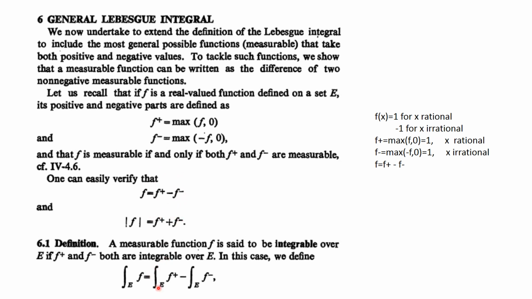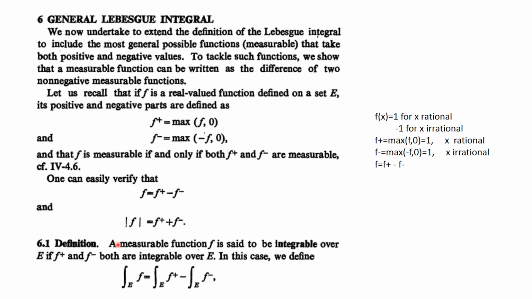And how to find out the integral of f positive and f negative, we have already discussed in the previous videos, that is, how to define the Lebesgue integral of a non-negative function. Since both these functions are non-negative, we can define the integral of these two functions.